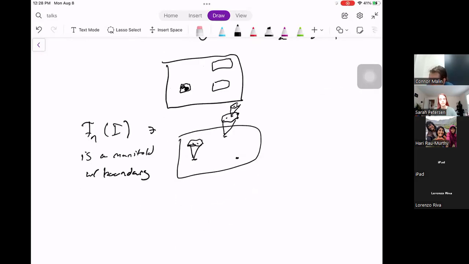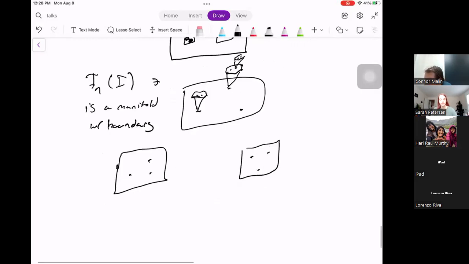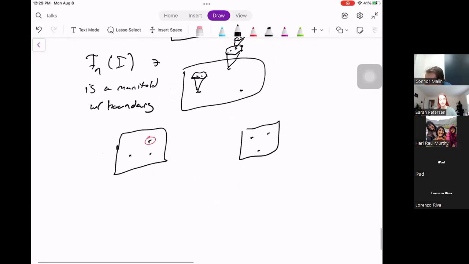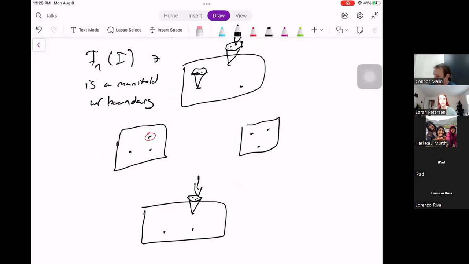The idea is, if I have a configuration of points, here's another configuration of points, and then if I pick a specific point here to do my partial composite, this will get sent to this. This is almost tautological, I just put the pictures together.